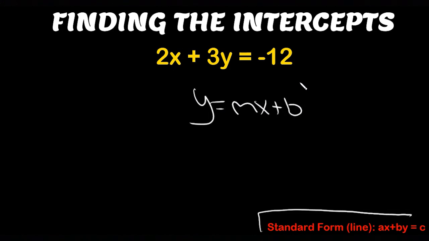Most of you know how to graph when a line is in slope-intercept form, but if I were to give you a line like this and I told you to graph, some of you may have difficulty. This is where finding the intercepts really comes into play, because I can graph using the intercepts, okay? So this line that we're provided with is in standard form. It is not in slope-intercept form.